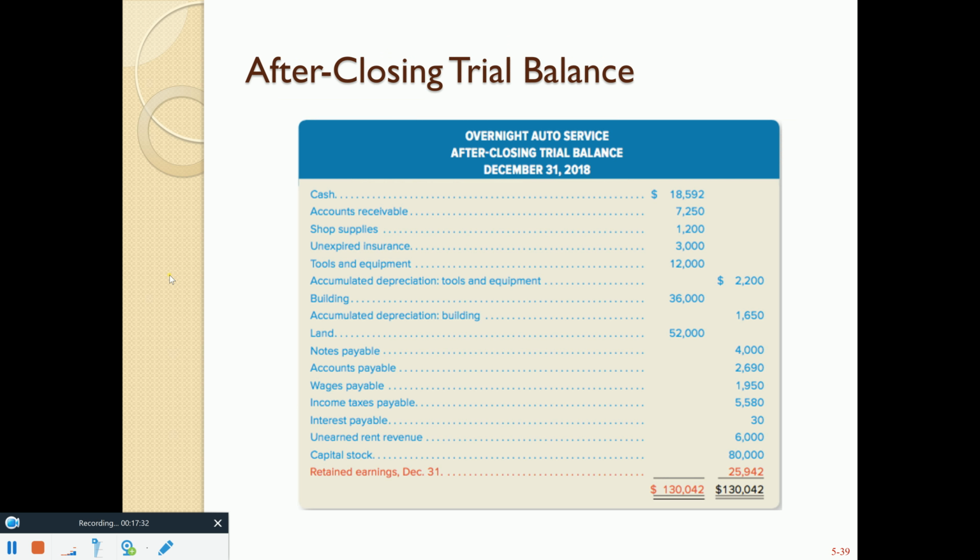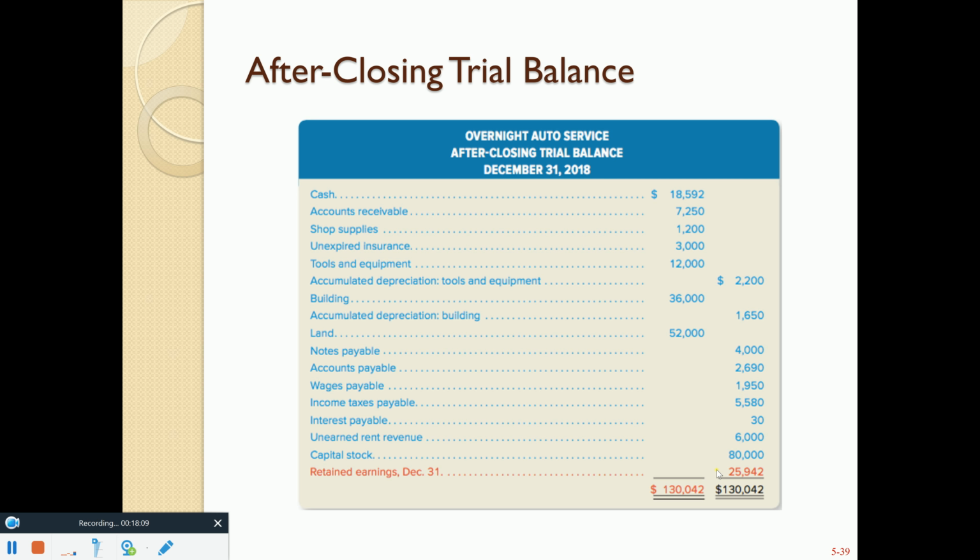All right? And when we are done, the last item you're going to see is an after closing or a post-closing trial balance. Now, if you compare this after closing trial balance to the adjusted trial balance, which was the first slide that we started with in this particular presentation, you're going to see the difference: in the after closing trial balance, the RED accounts have been consolidated into the retained earnings account.